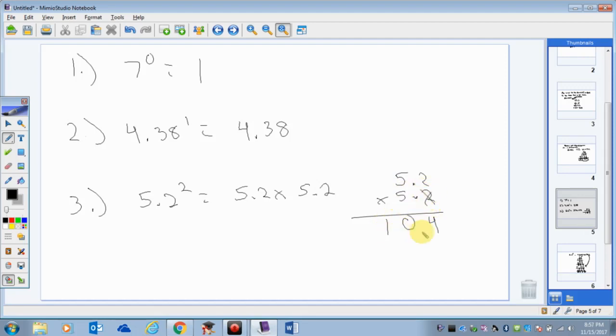Done with the 2, so moving on to the 5, so I've got to mark my place out there. 5 times 2 is 10. 0, carry the 1. 5 times 5 is 25, plus 1 is 26. So I have 6, 2. So I'll do my addition here, so I've got 4, 0, 7, 2. 2 places behind the decimal, so my answer is 27.04.